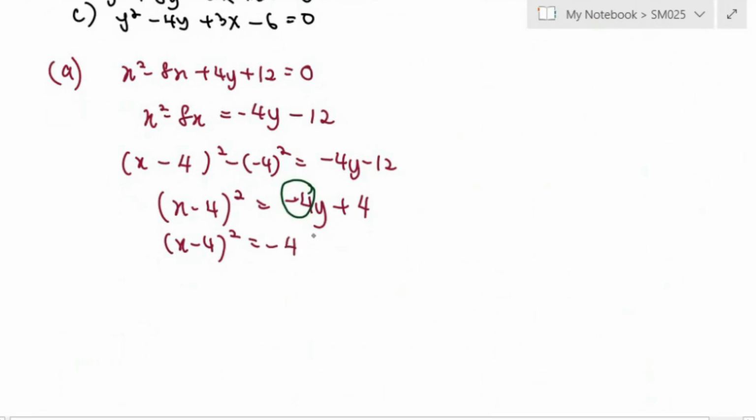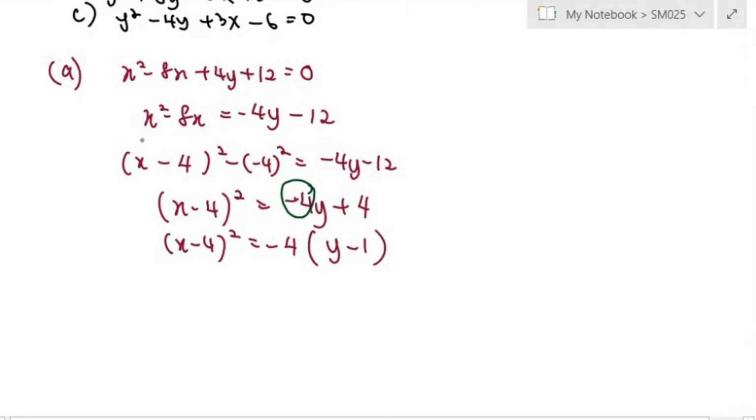So factorize your negative 4, leaving at the back, never mind, it may become a fraction. Don't give a decimal. For this case, it is lucky enough because that number is whole. You can divide by negative 4. So when you factorize out negative 4, inside here is left negative 1.